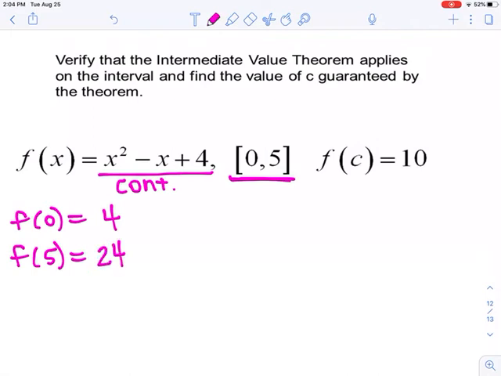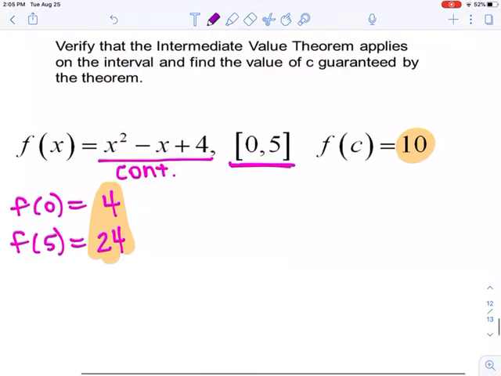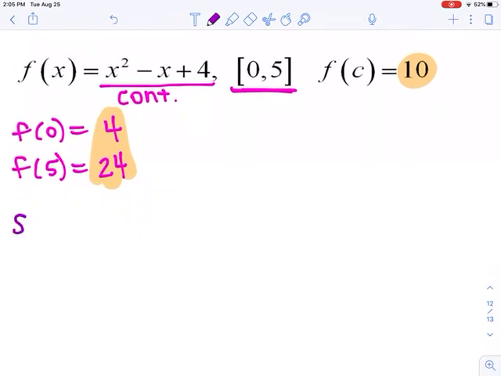When we plug in 5, we're going to get 25 minus 5 plus 4. Okay, so it's going to take more time to write out what our brain is thinking right now. So let's just talk about our thought process. 10 is definitely in between 4 and 24. So we know that this is going to happen.